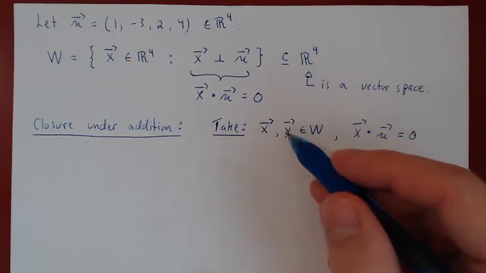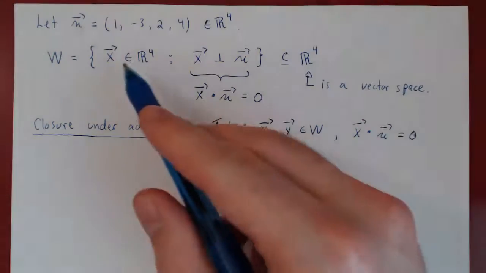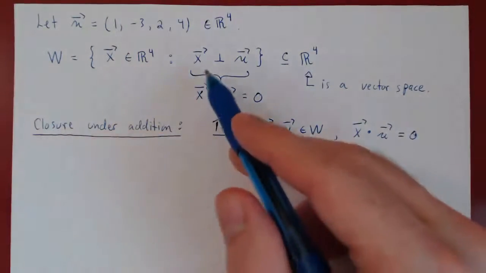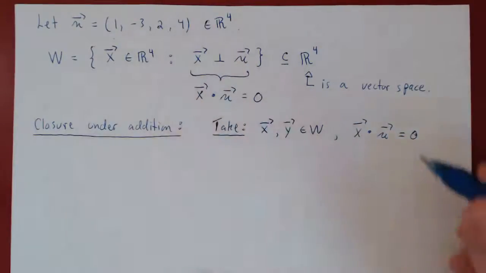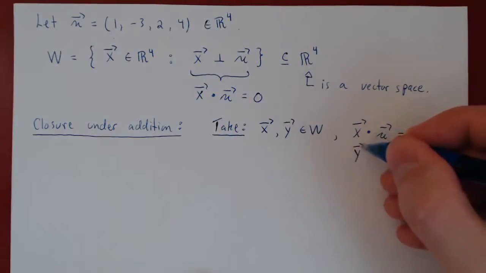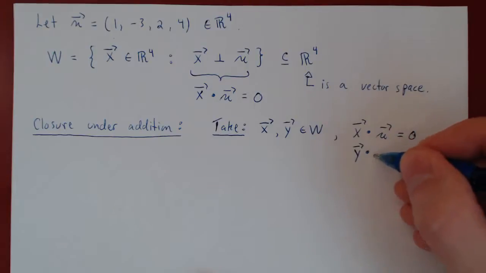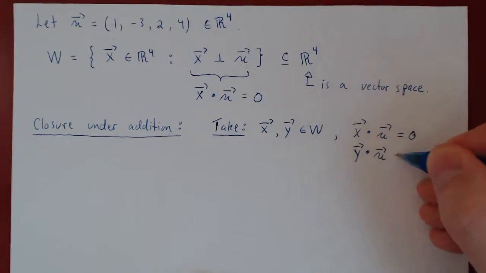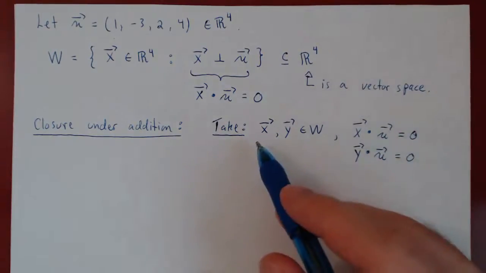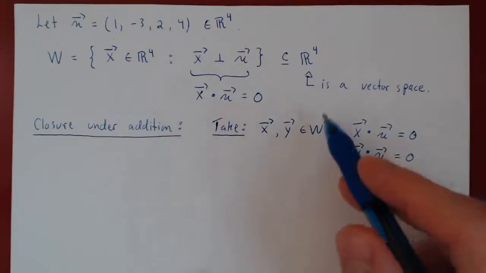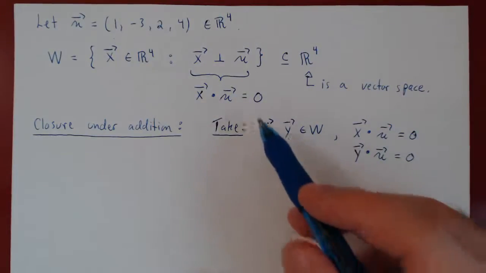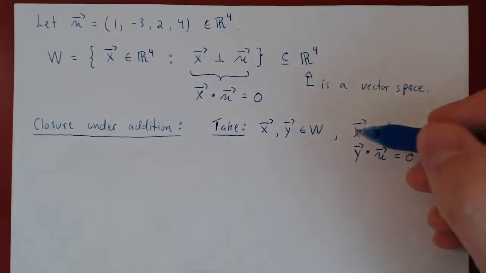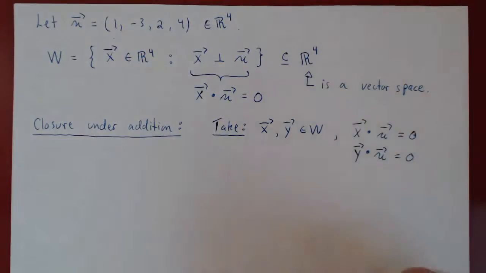But vector y is also by assumption a vector in W, and so it must also be perpendicular to vector u. So y dotted with vector u must also be equal to 0. So this is our assumption. We take 2 vectors in W, but vectors in W are orthogonal to u. Therefore, their dot product with u must be equal to 0.